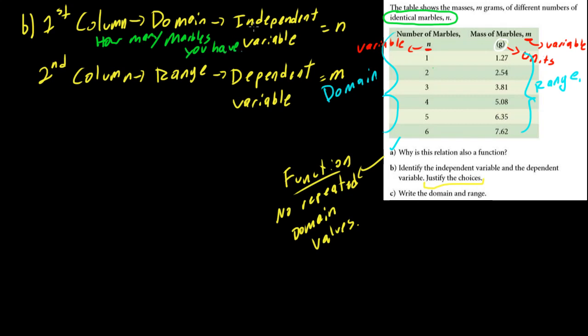So how many marbles you have is an independent variable. That's independent of everything. That doesn't depend on anything. It's completely independent. But the mass of those marbles is dependent on how many you have. So being able to justify that and going through it in your head should be pretty easy. We've been doing that since probably grade 9 and before that, just saying, okay, what's dependent on what? So that should be a pretty okay justification.